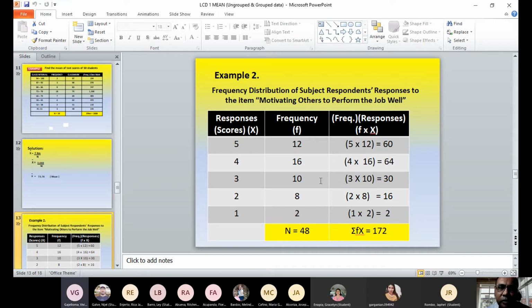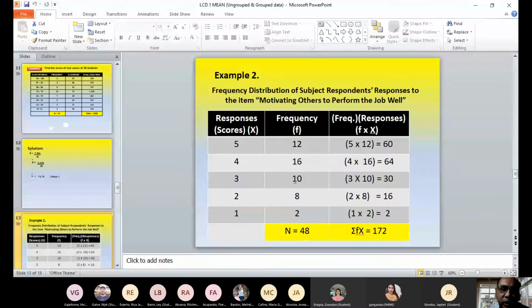Now, the students or the respondents should answer these following questions through these scores. So meaning, the results are as follows. Sa 5, 12 students answer always. Then 16 got the answer of 4, that means often. Or that depends sa questions, items.